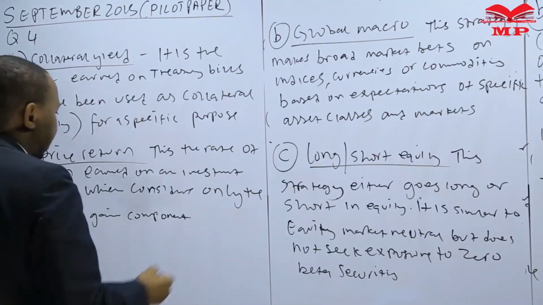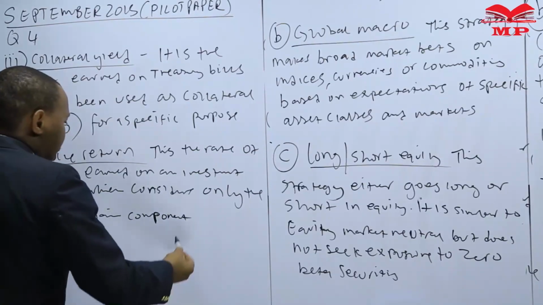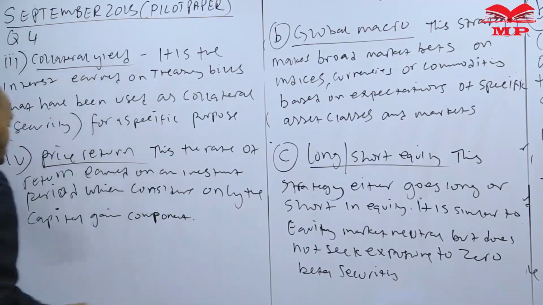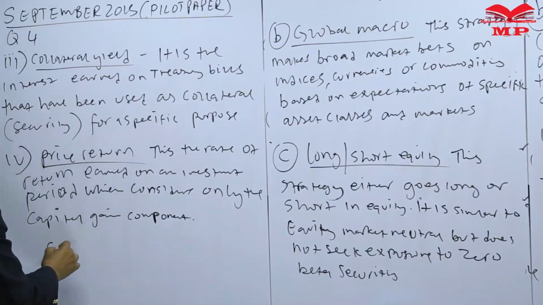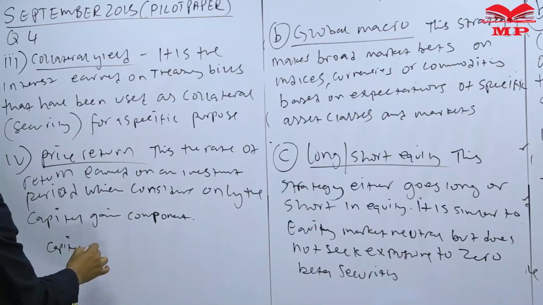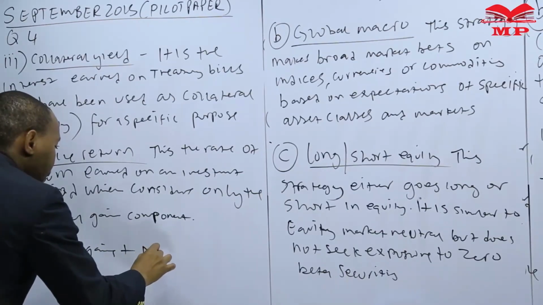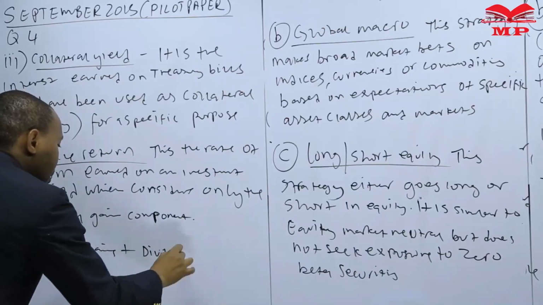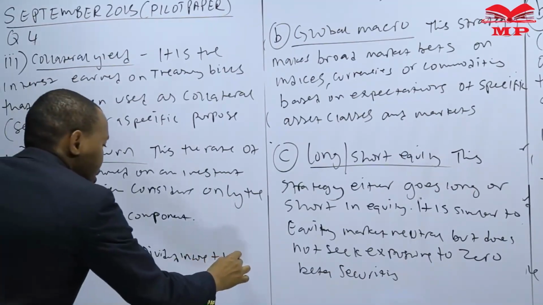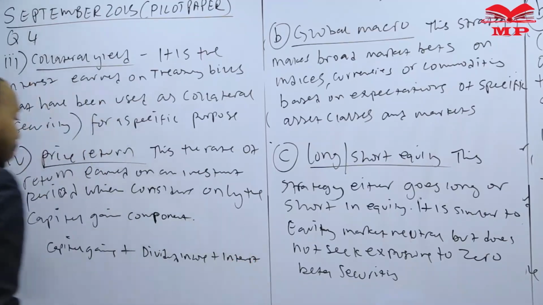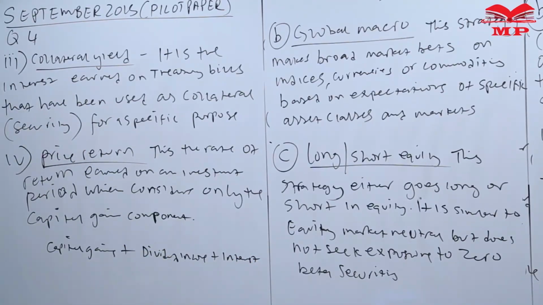When I mean capital gain component, the components of return include capital gains plus dividend income plus probably interest income if you have it. These are the sources of return.